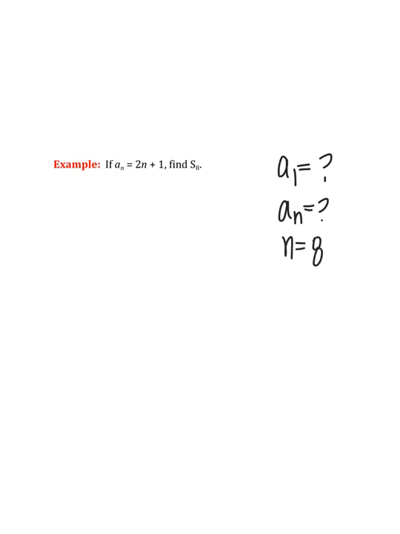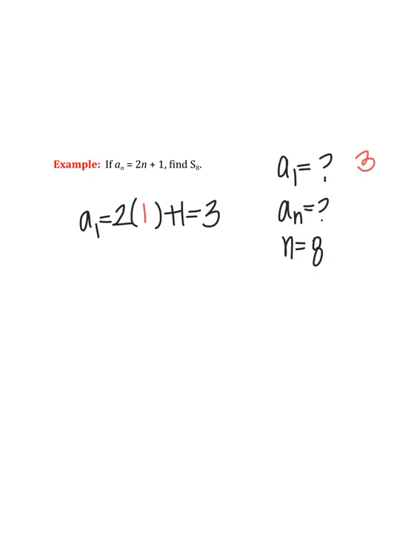Now, in order to find my first and my last, or 8th term in this case, I'm going to substitute 1 into this formula. So my first term is going to be equal to 2 times 1 plus 1. So my first term is going to be 3.